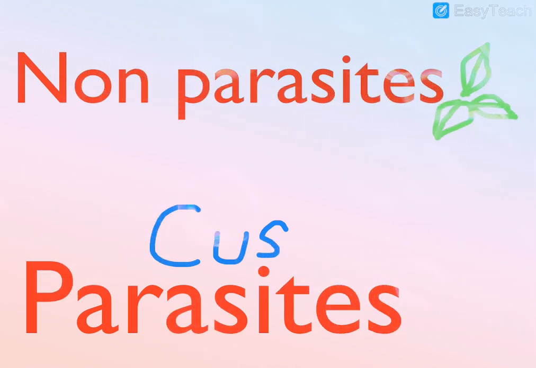Parasites don't make their own food. They derive their nutrition from other plants. So there is a plant A and a plant B. Plant A doesn't have any support.